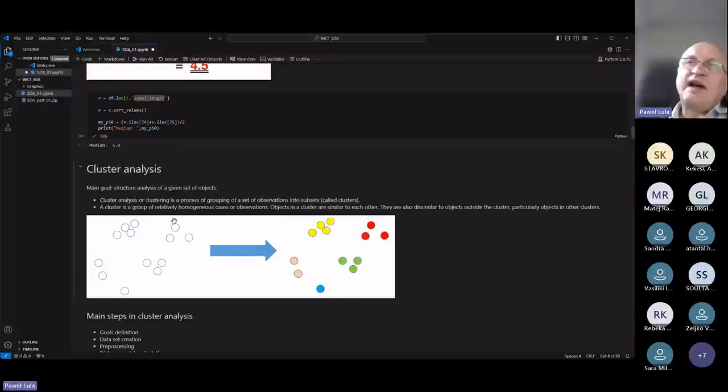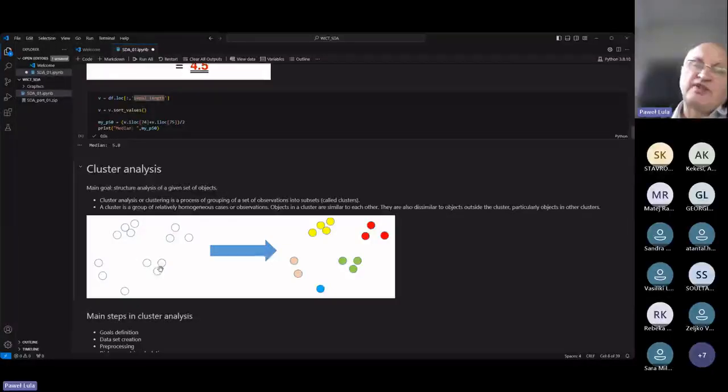How to study the structure of a data set from the point of view of objects, because we are talking now about relationships between objects, not about variables.